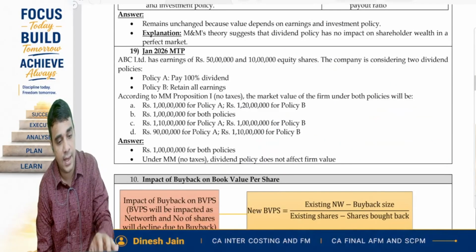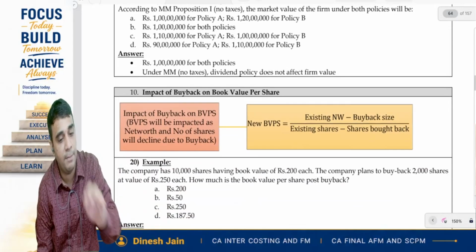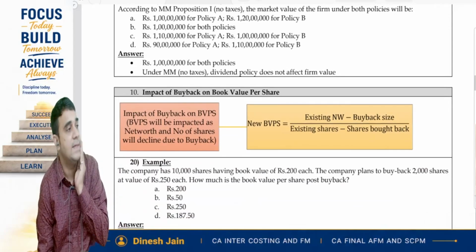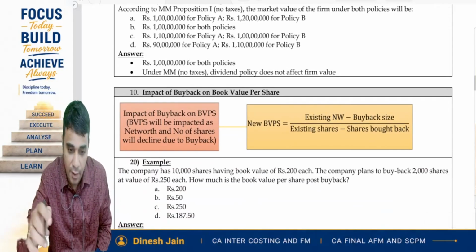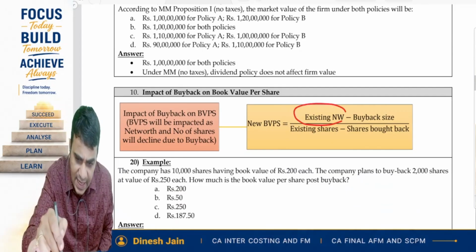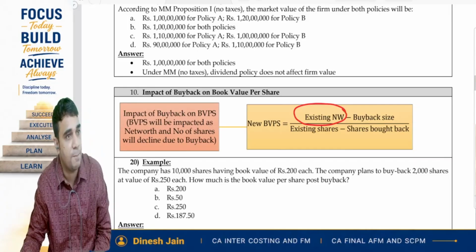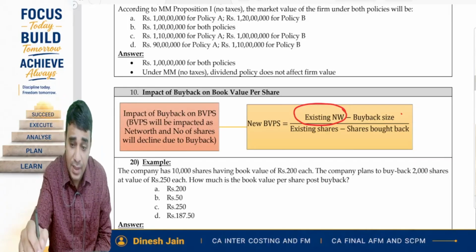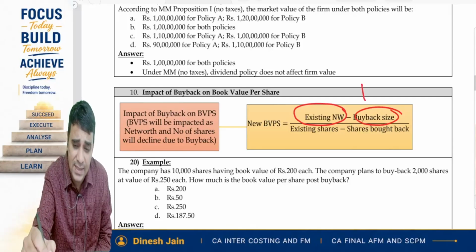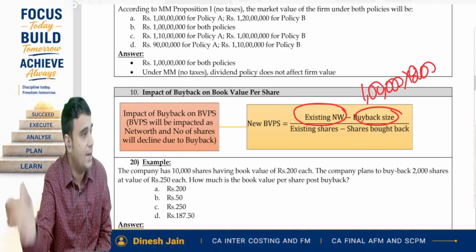So a question may ask you the impact of buyback on BVPS. What is the formula? Existing net worth, that is share capital plus reserves and surplus minus fictitious asset, minus buyback size, 1 lakh into 200, let's assume.